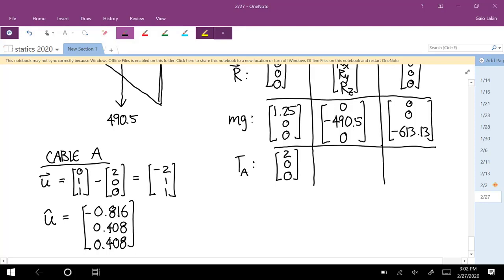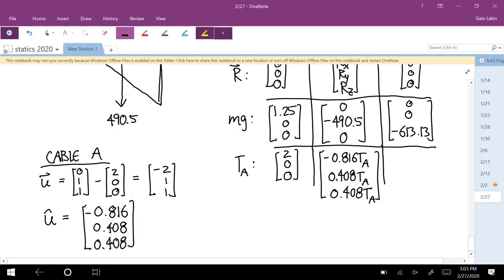Okay, and so that force is this unit vector times the variable TA, so negative 0.816 TA, positive 0.408 TA, positive 0.408 TA.